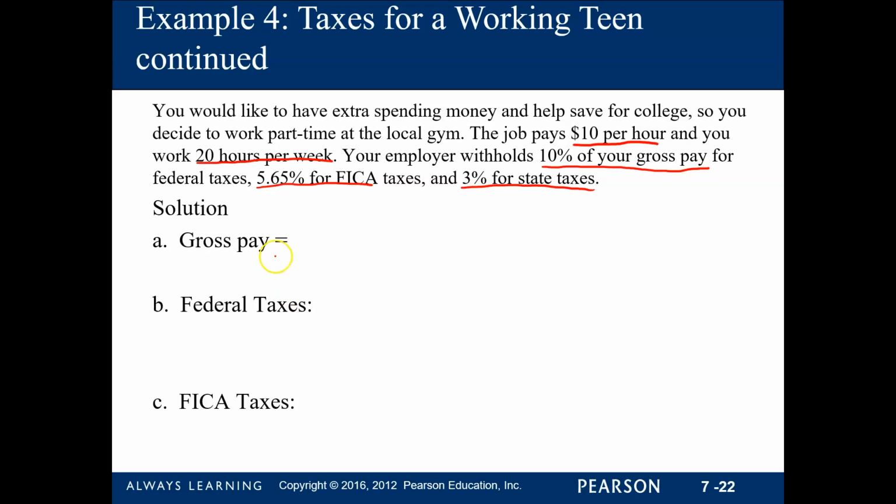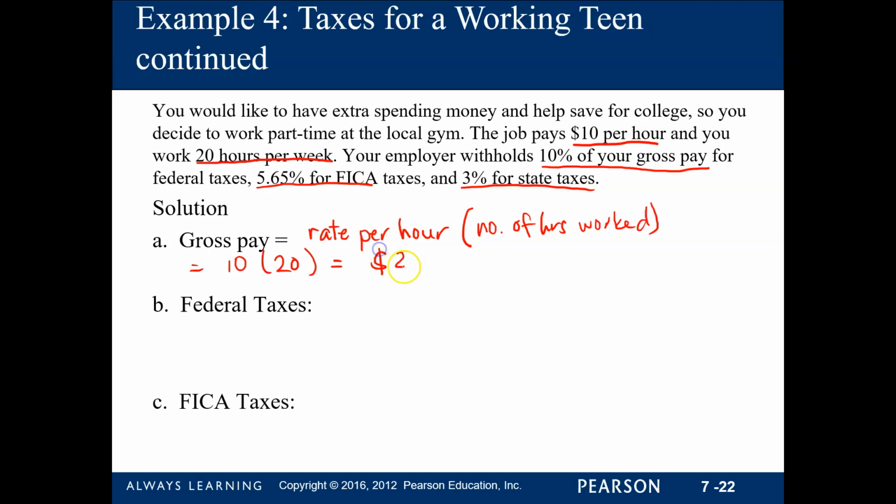Remember, when you are finding the gross pay, it's the rate, how much you are paid for every hour, multiplied by the number of hours worked. In this case, it's $10 times 20 hours. So this person is going to earn $200 for the week.